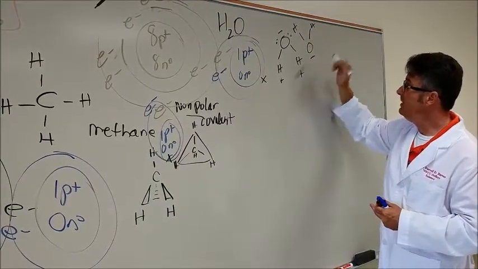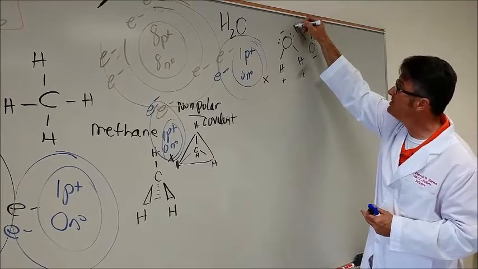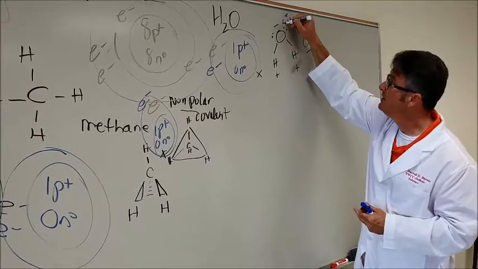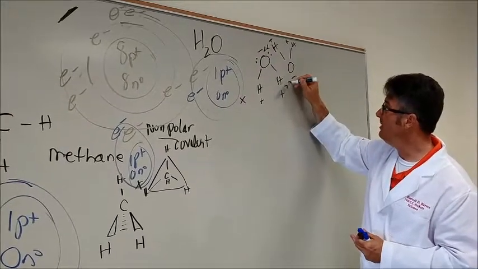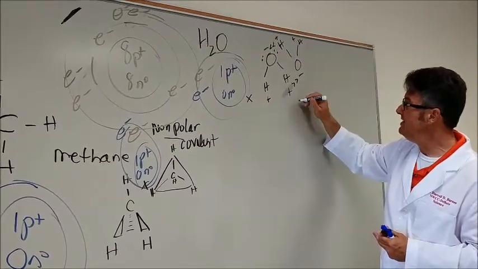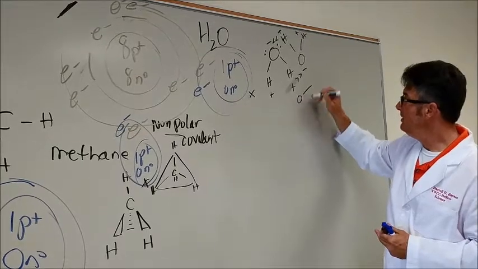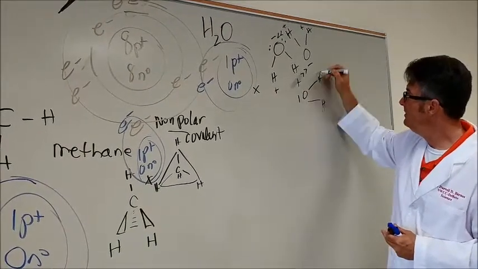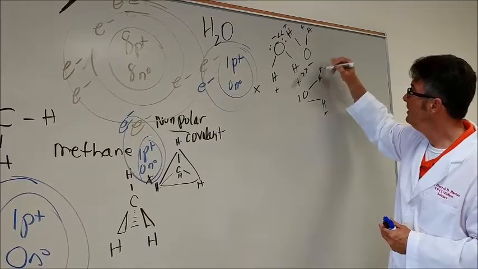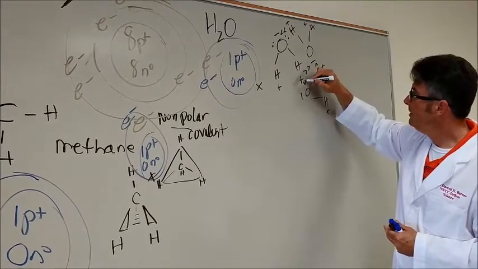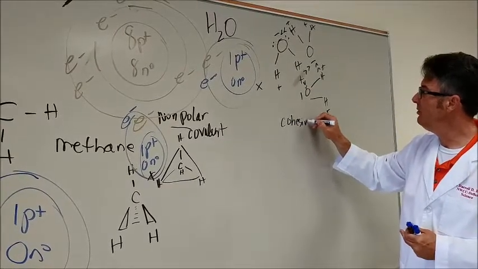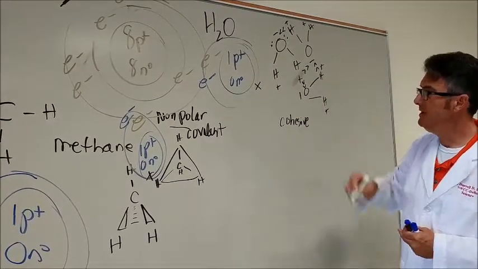The negatives and positives are attracted to each other, so that the positive hydrogens are attracted to the negative oxygens. And so basically, water is attracted to itself, and it makes water cohesive. It wants to stay together.